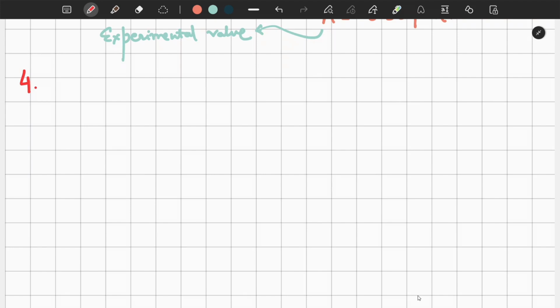So now, Debye screening length. Do you know this Debye screening length? No. Okay, so should I discuss or not?